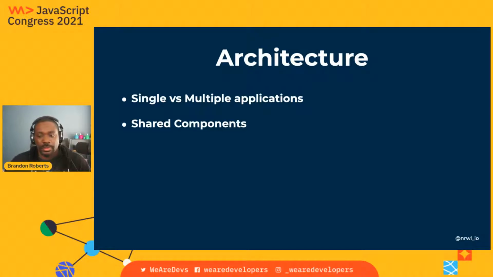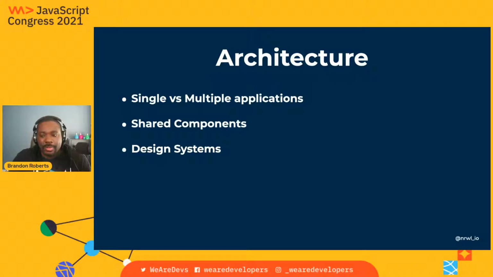There are also shared components, where even if you have a single app or multiple apps, you have these shared components that get reused throughout your application, and you want a good, solid strategy around how you manage those and make them available.